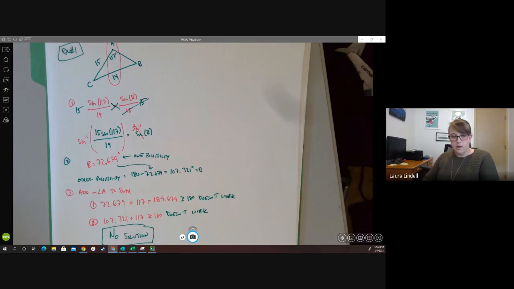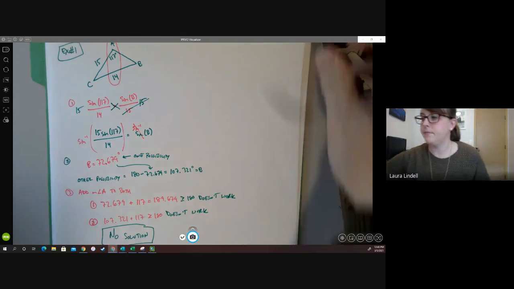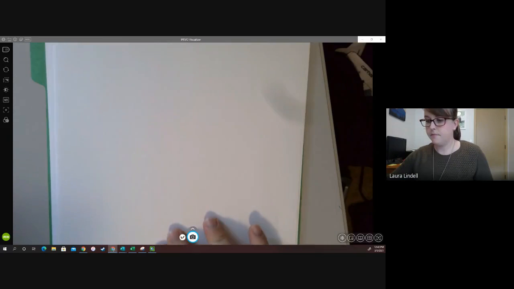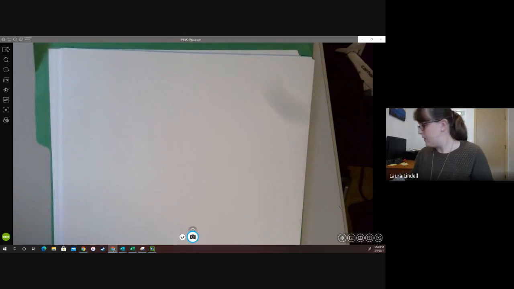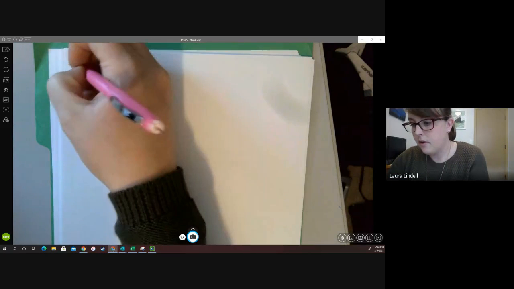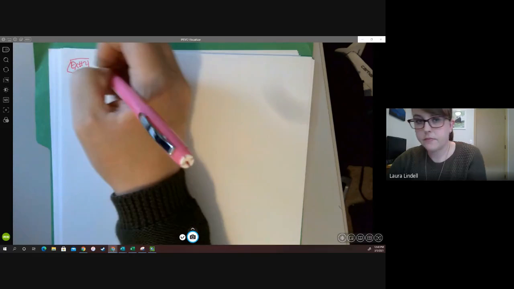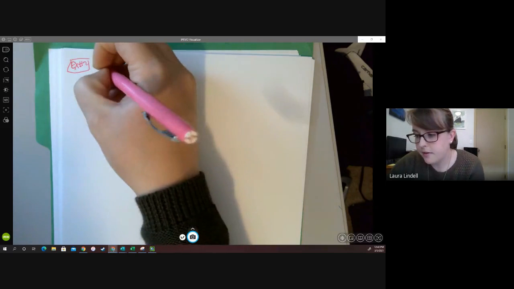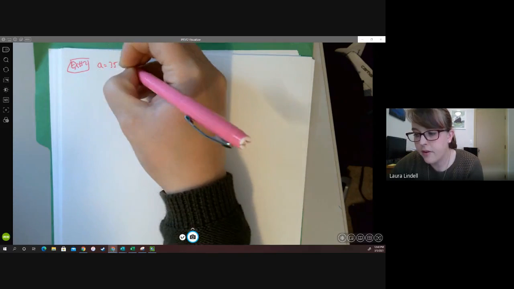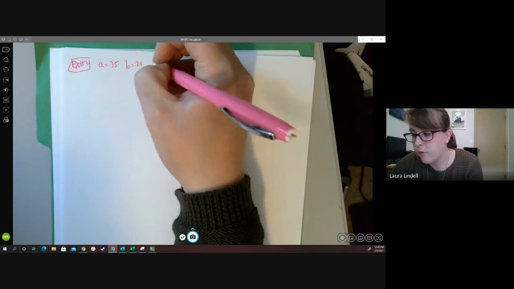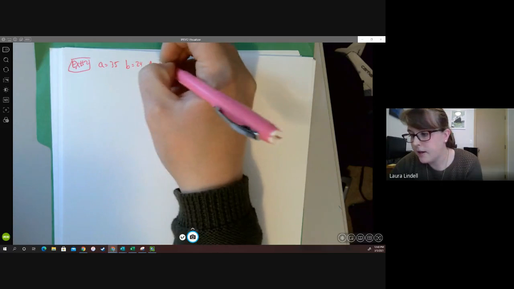Okay. So let's do another one. This time it'll either have one solution or two solutions, since we've already done the no solution case. This time, we're going to be told that side length A is 35, side length B is 24, and angle A is 92 degrees.